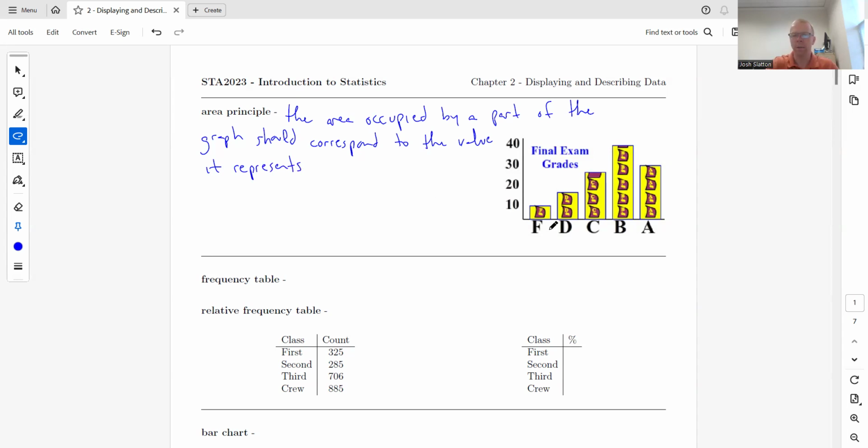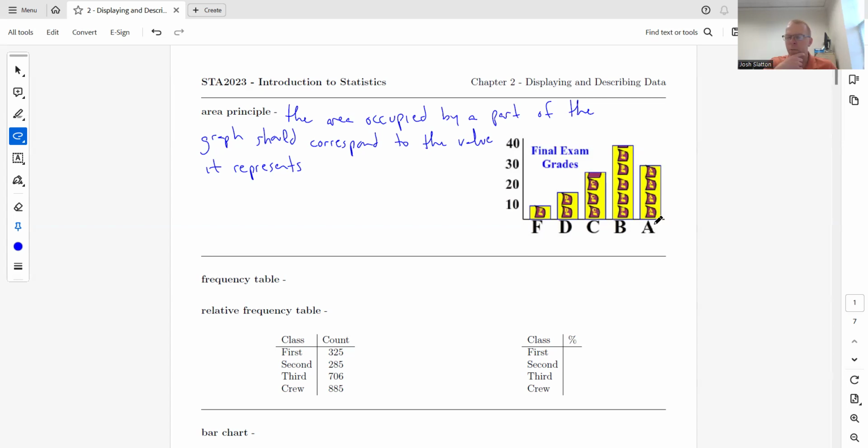So here is an example of a bar graph where we have final exam grades based on the letter grade that you get, categorical variable, and maybe you might call it an ordinal variable, but definitely categorical. And you can see that the taller the bin is, the more people got that letter grade.